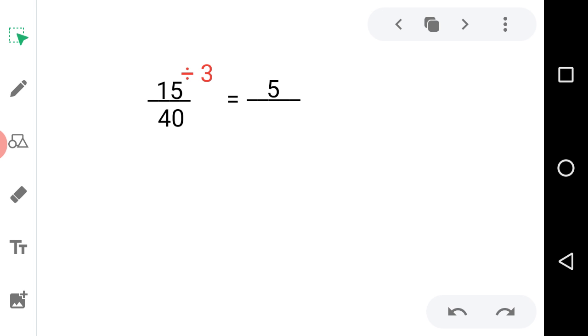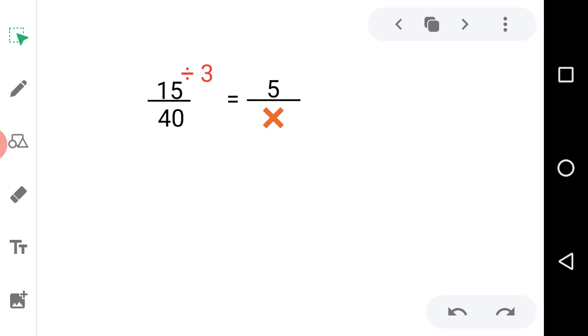So we cannot find an equivalent fraction by dividing by 3. When we divide, we need to be careful that the numerator and denominator should be divisible by the same number.